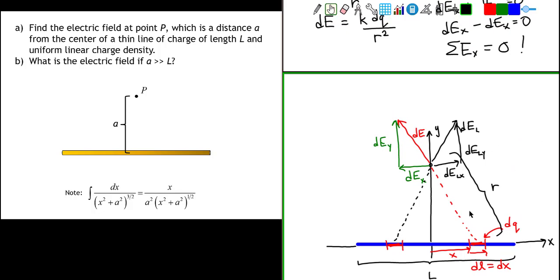Since there's only a y component left over, I am going to just calculate the y component of the net electric field at point A. And you could see quite simply using vector addition that if I take that vector of our mirror image from the left-hand side and add it to its mirror image on the right-hand side, notice that we get a net vector that points straight up. There it is. That's the net vector that points straight up.